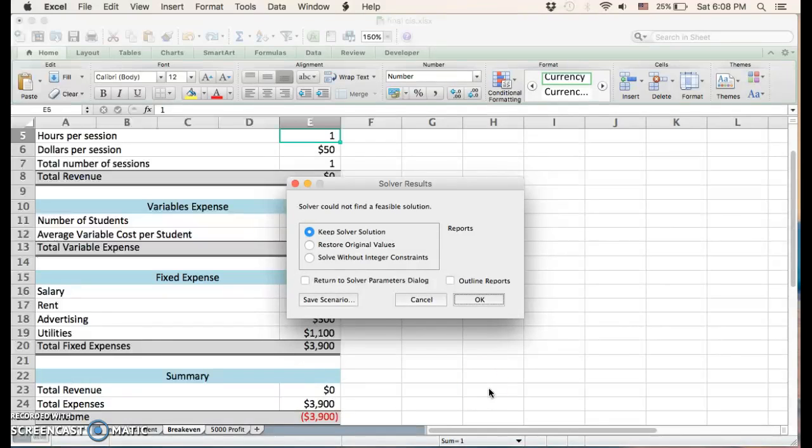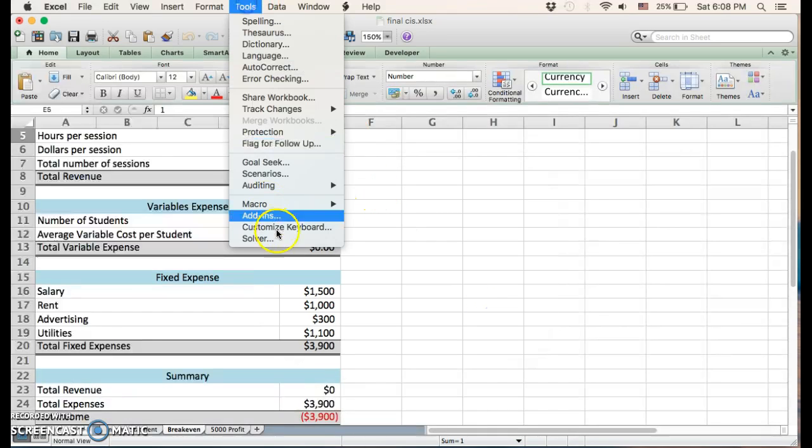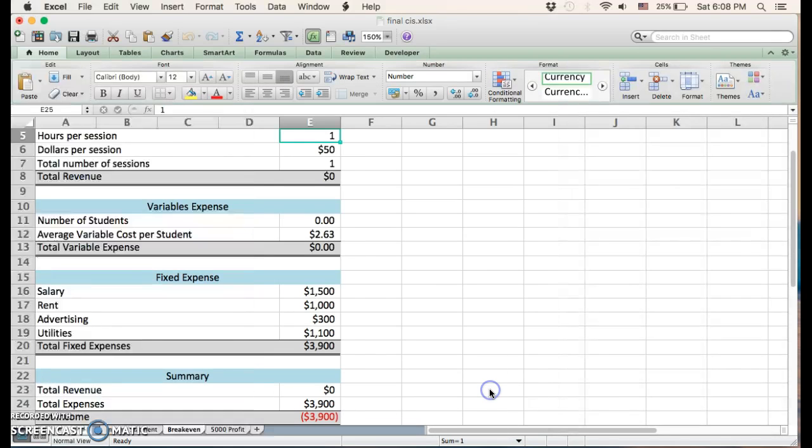So here Solver is telling us that there's no solution, and I think what happened was that the number of students for the company to break even came out to be a number that was not an integer. So to fix that, all we have to do is get rid of that constraint, press solve again.